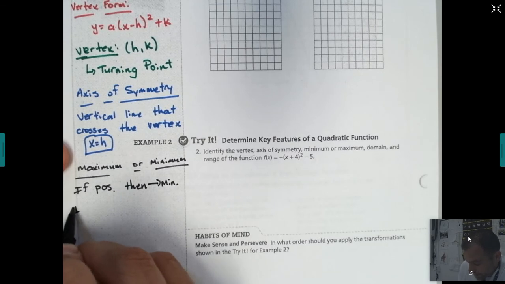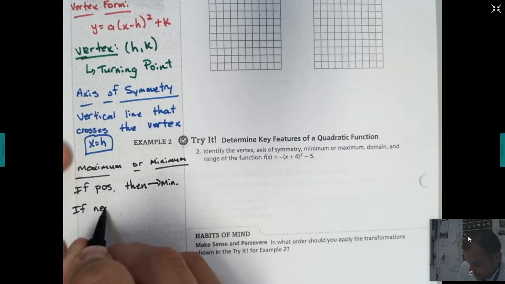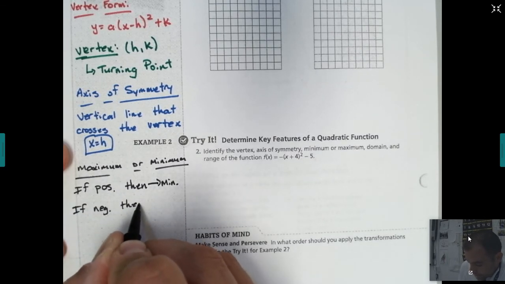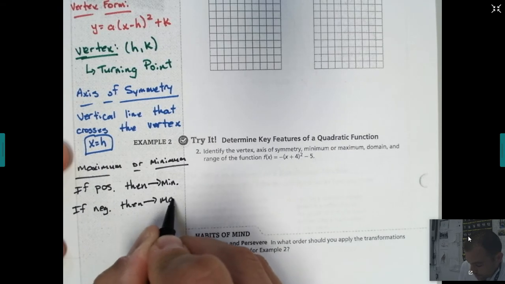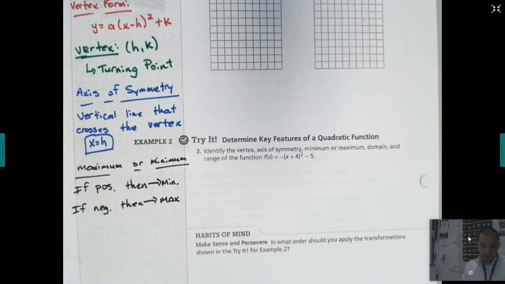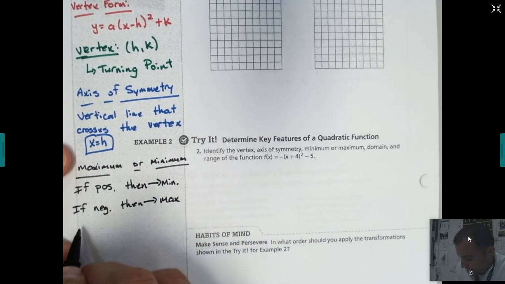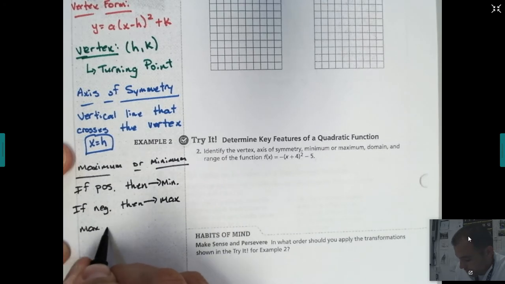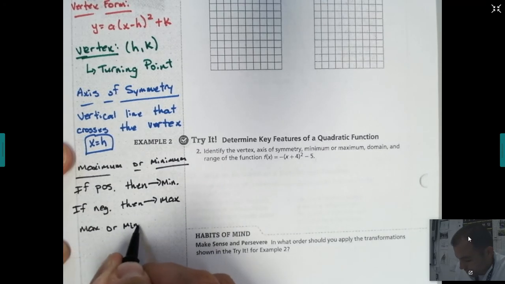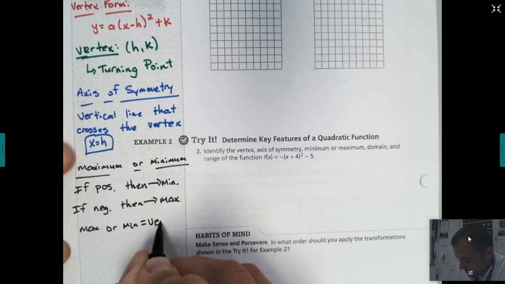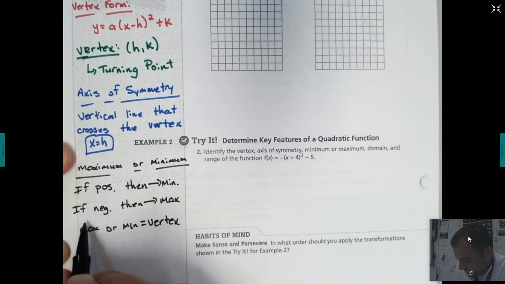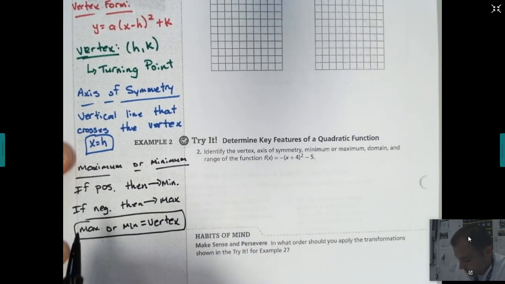If the graph is negative, then you have a maximum. And you will see what I'm talking about in just a second. And the max or min is always the vertex. So whatever the vertex is, that is also your maximum or minimum value.